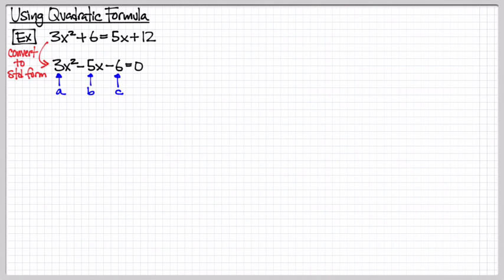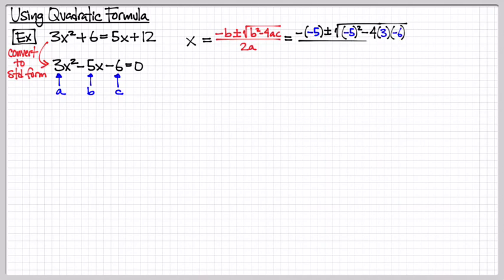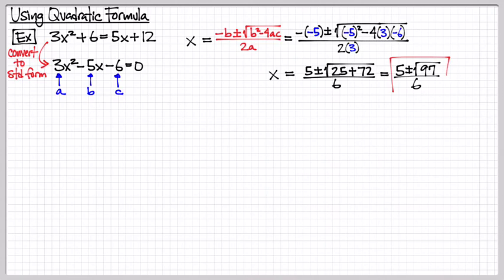So first off, let's manipulate such that I do have equals 0. Then I have my a, my b, and my c, which I can plug into my quadratic formula. And when I do that, I get my answer of 5 plus or minus root 97 all divided by 6.